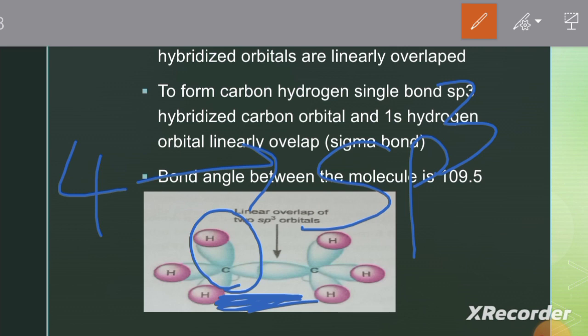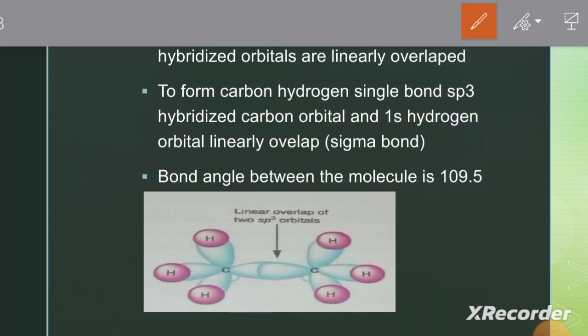So here only sigma bonds are present within this alkane. So linear overlapping of sp3 hybridized orbitals and 1s hydrogen orbitals results in these 4 bonds. So we know that the electron pair geometry and molecular geometry is tetrahedral. So the angle between these bonds is 109.5 degrees.